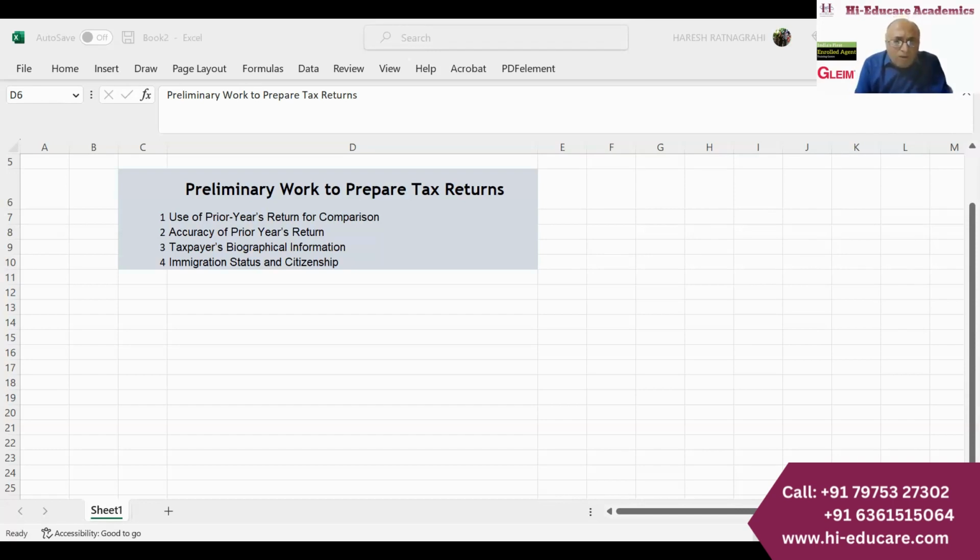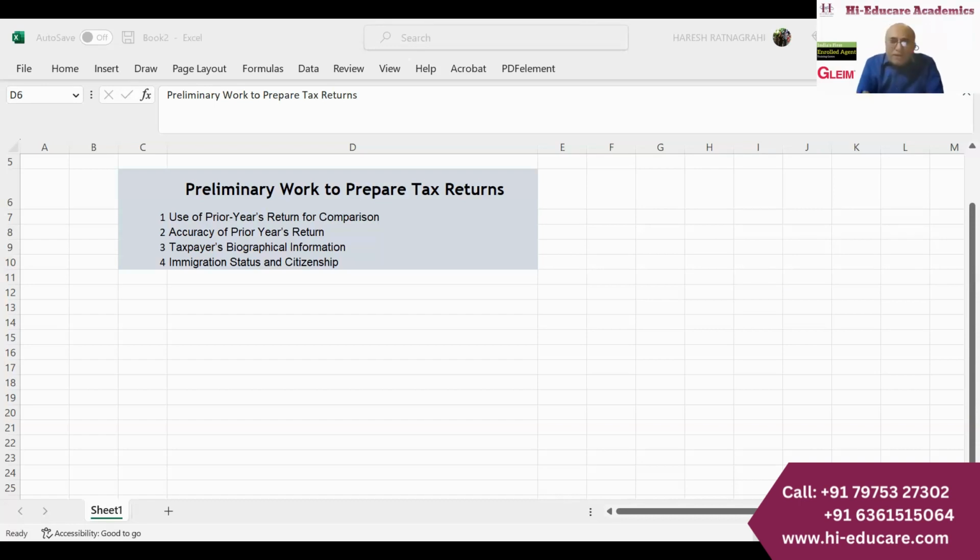The preparation of the client's tax return for the current year normally begins with a review of the client's prior year income tax returns. You have to familiarize yourself with the issues on the prior year tax return, which will allow the tax return preparer to note issues that may be recurring in nature.